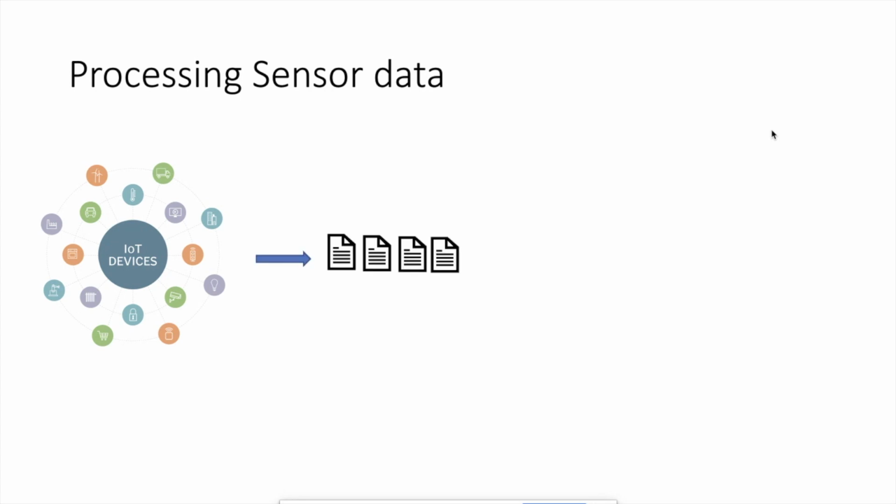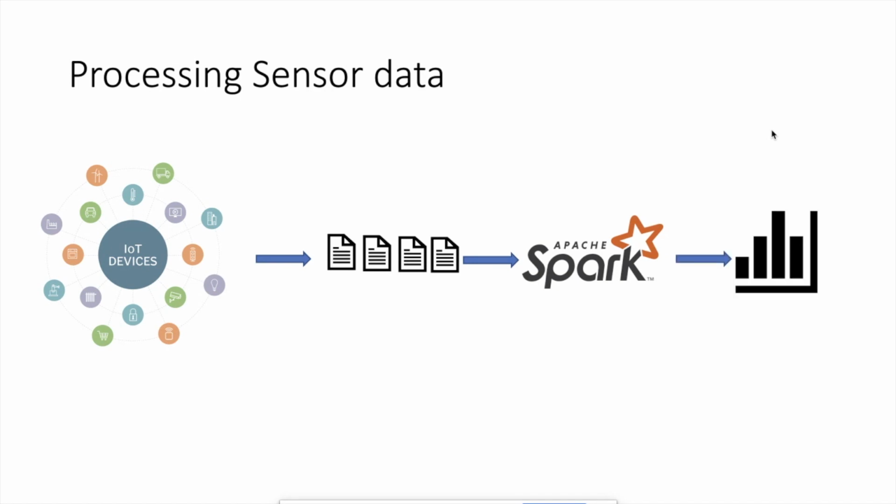Your Spark streaming application will read those messages from that queue and generate a dashboard, or a report about the data of those sensors, a report which is live, which is changing every second.